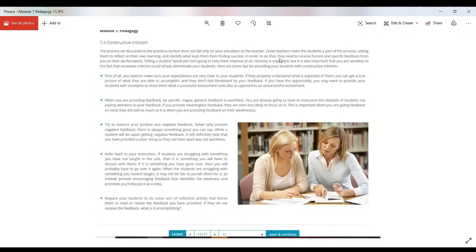And in order to do that, they need to receive honest and specific feedback from you on their performance. So telling a student good job isn't going to help them improve at all. Honesty is important, and as we've learned in the previous module, the student will appreciate it if you are honest to them.